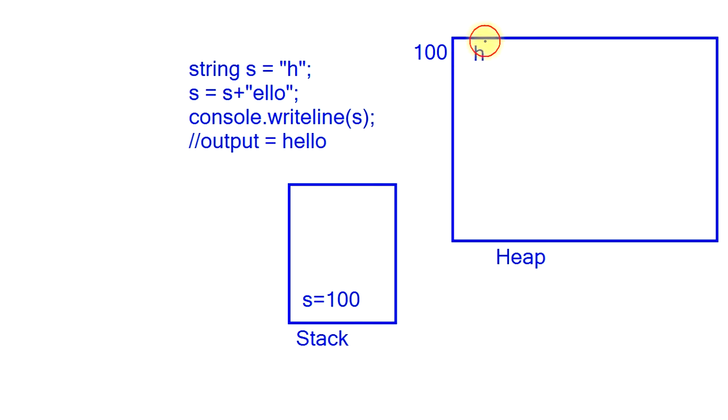So first the variable string s equal to h is created, and this s is pointing to the stack memory s equal to 100. So s is holding the address location of the actual object. When we try to read, s will return the 100 memory location, then it will go to the 100 memory location and get the value.